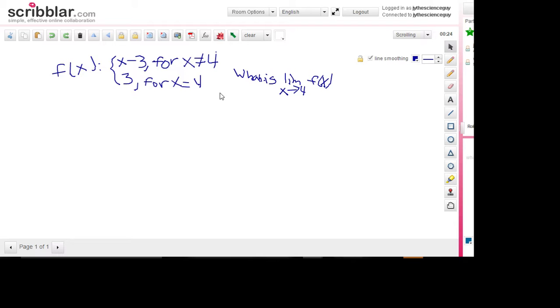And then there's that problem. So it gives you that piecewise function along with the graph of it? No, that's different. Okay. This is different.